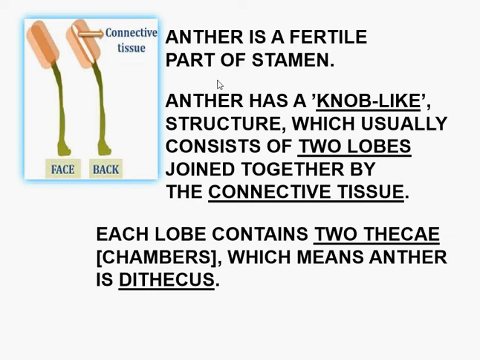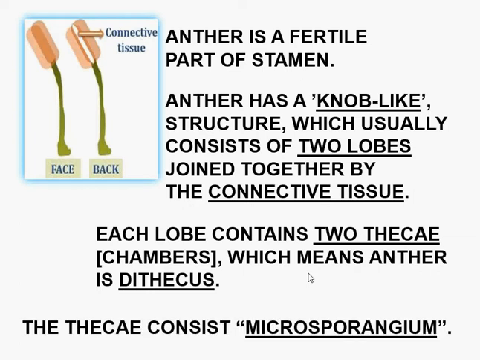Each lobe contains two chambers or thecae, hence the anther is dithecous. The thecae consist of microsporangium. So let's observe clearly in the photograph.